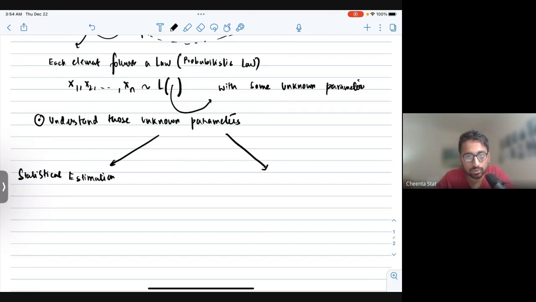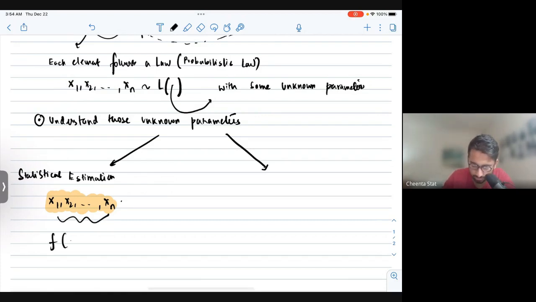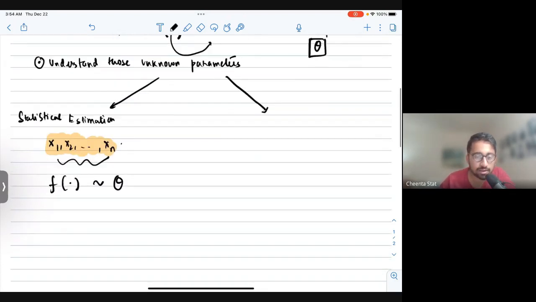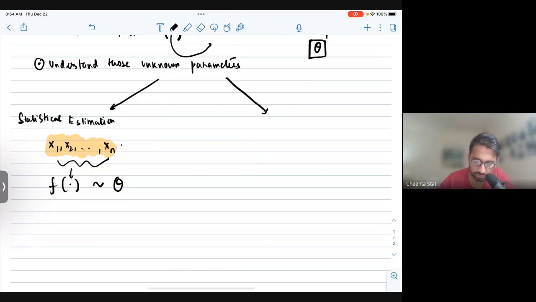Using these random variables, it tries to get an estimate as a function of them. We cook all these elements to get a function of these elements which is very close to these unknown parameters. We call these unknown parameters theta. Some function of these data points is called a statistic. The goal is to find a statistic which is very close to theta.